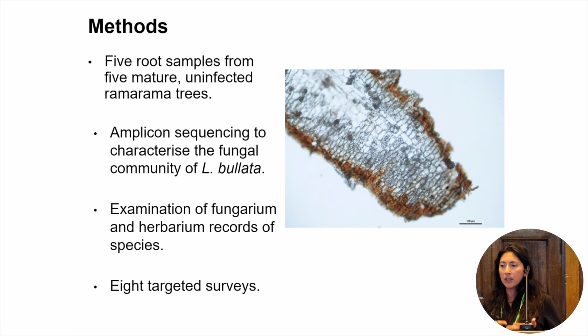Together with his work, Manisha, an honors student, was looking at fungarium records. She examined all of the different fungarium records of fungi, and also looked at herbarium sheets to see whether she could find any associated fungal diversity.